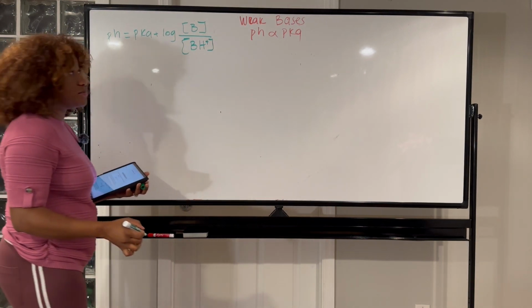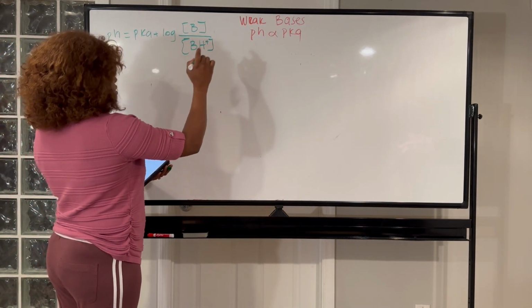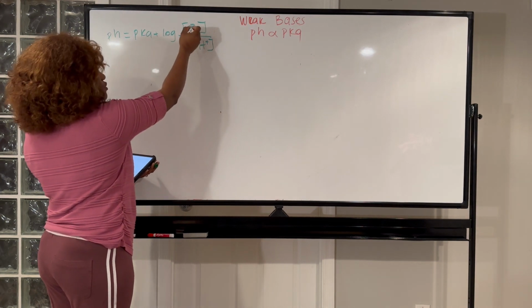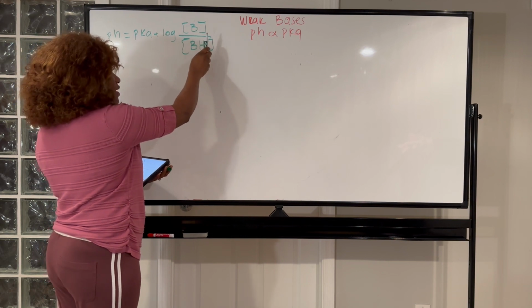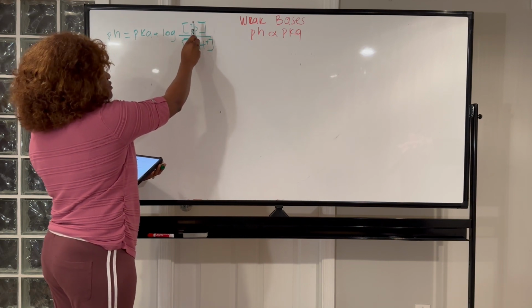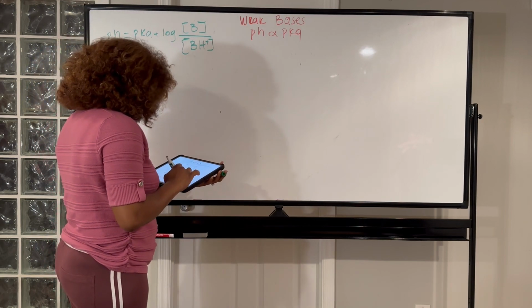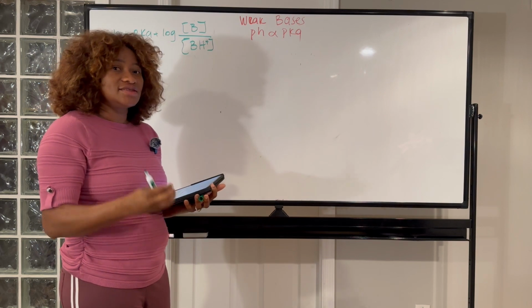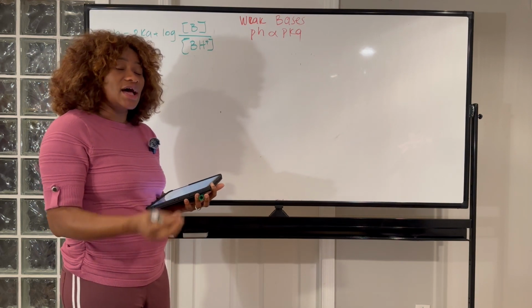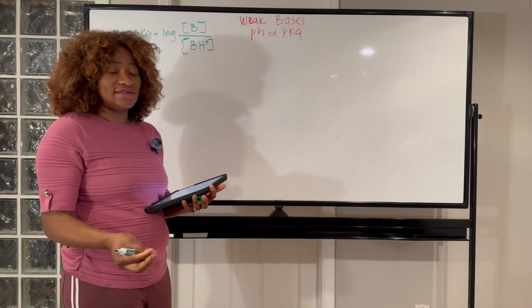If you remember, for the weak acid, it was the portion of the ionized over the non-ionized, but for the base, it's the non-ionized over the ionized. So here it's going to be the same principle. Bases work better in an alkaline environment and acids work better in an acidic environment.